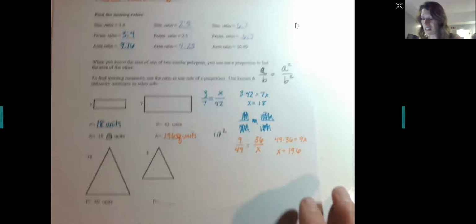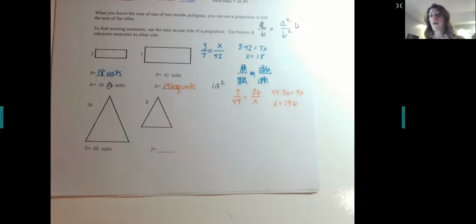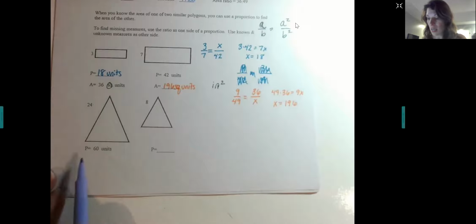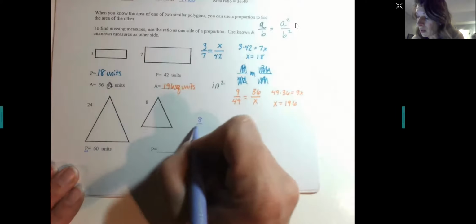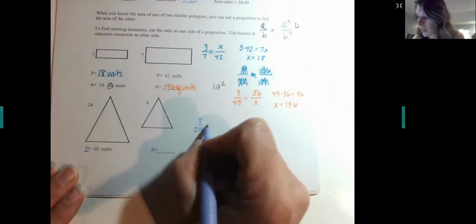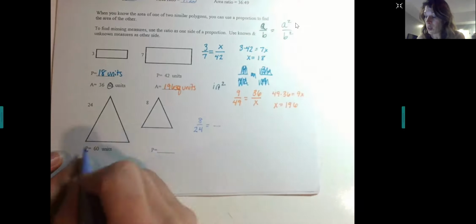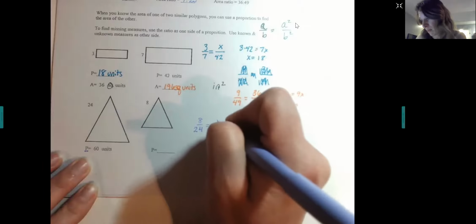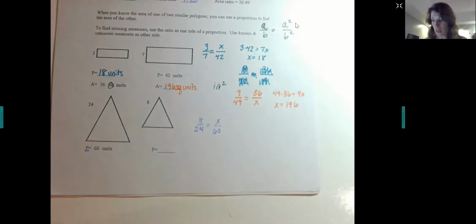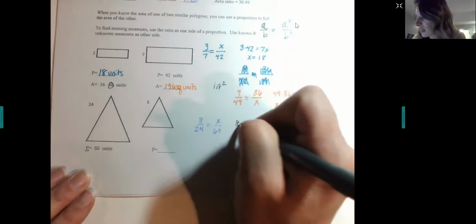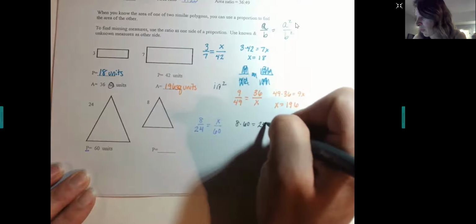All right, next one is a triangle. Again, we are always finding one of our ratios, similarity, perimeter, or area. Today, for this, I just need my perimeter. Perimeter is the same as similarity. So I'm going to put 8 over 24 is equal to the 60, which goes with my 24. So I'm going to cross multiply so that I get 8 times 60 is equal to 24x.